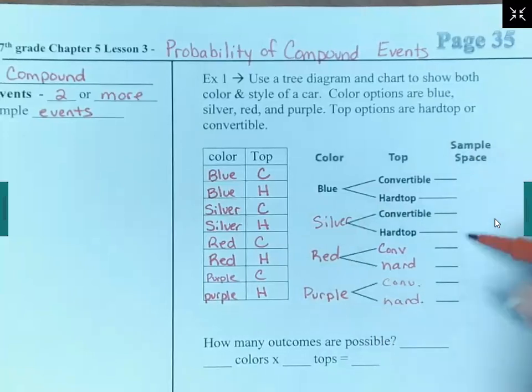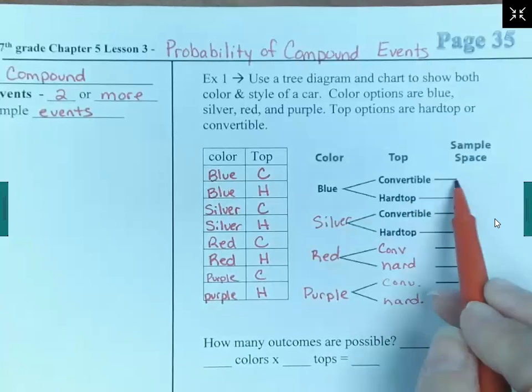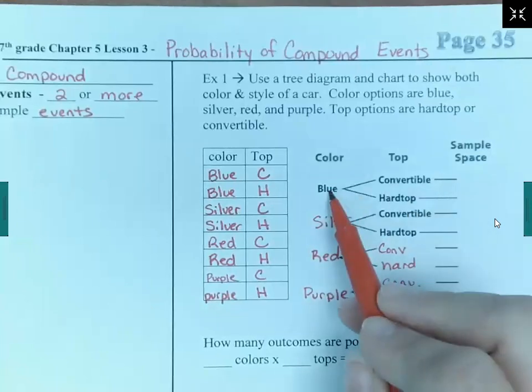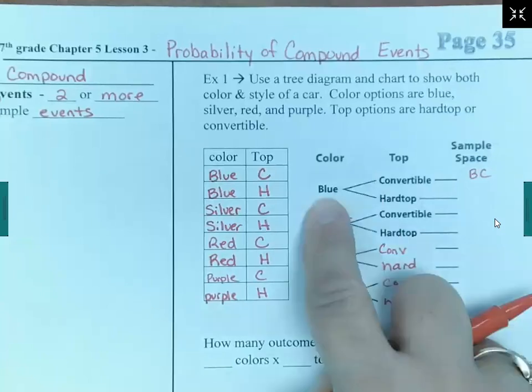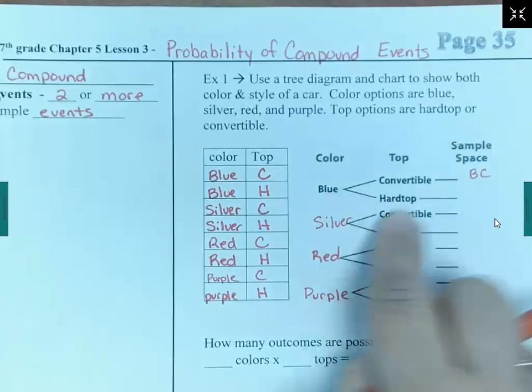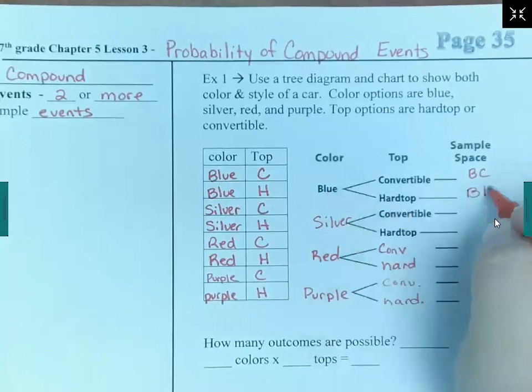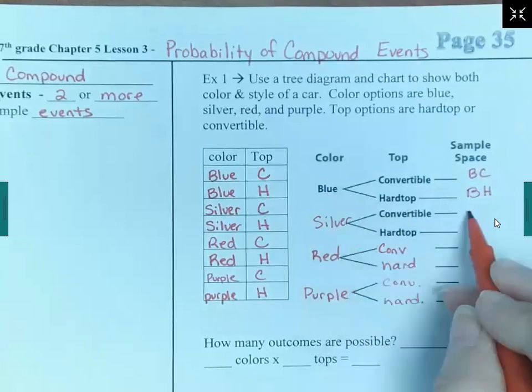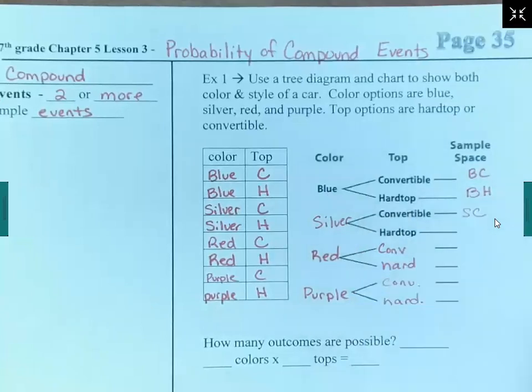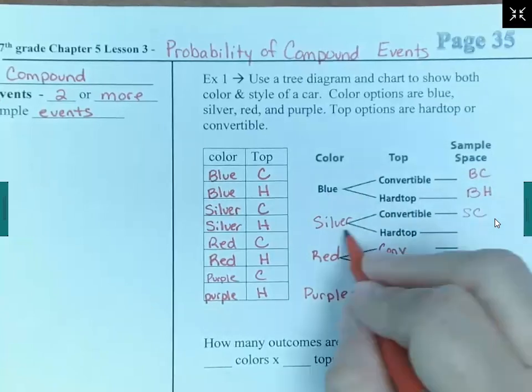And this over here is where you write the sample space. And sample space is basically the list. So this branch right here represents blue convertible. The next branch represents blue hardtop. What does the next branch represent? Silver convertible.